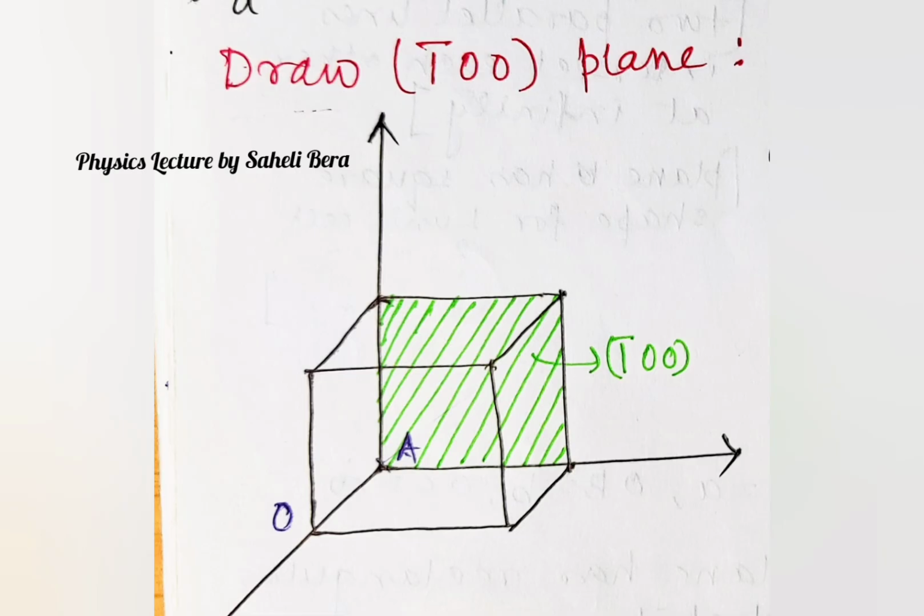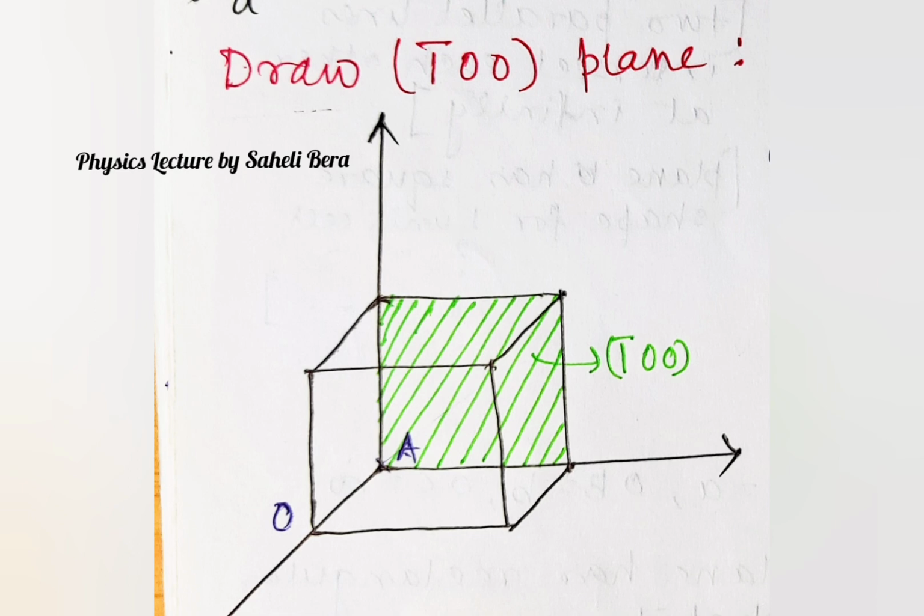This is the 1 bar 0 0 plane. If we take the reciprocal, it will be -1, infinite and infinite. So it will cut the x-axis at -A. Now if we move the origin to point O, it will be on the negative axis of x.